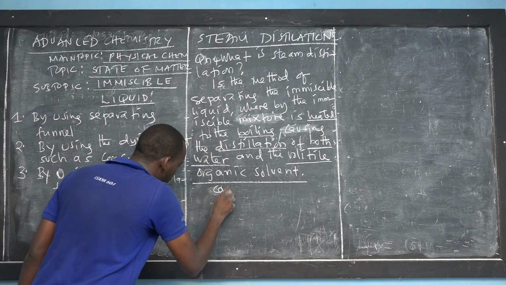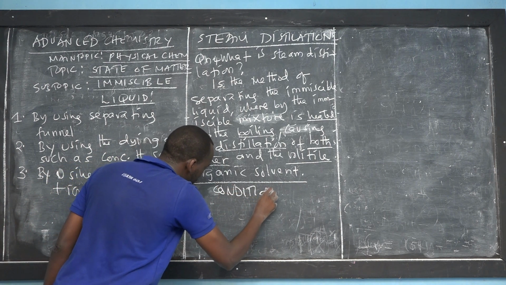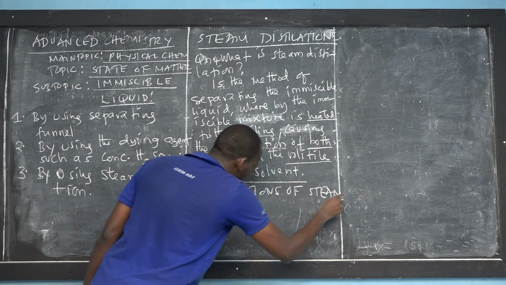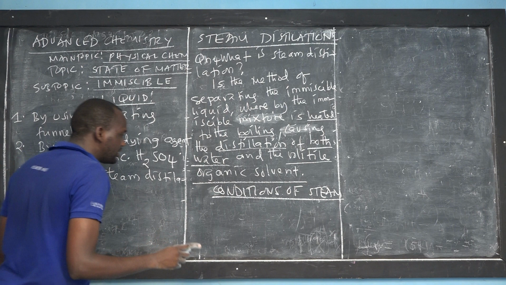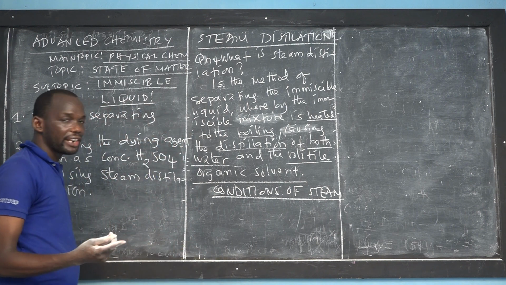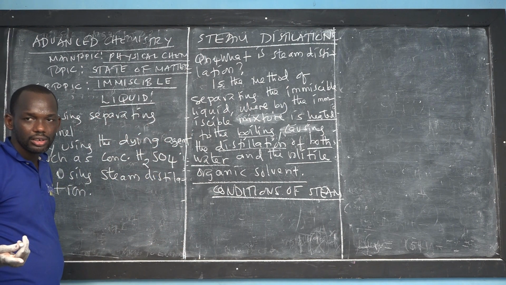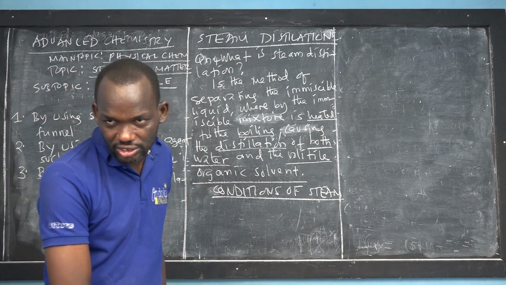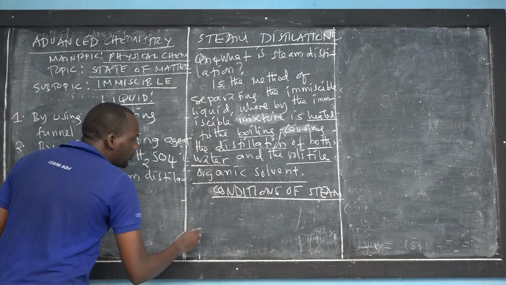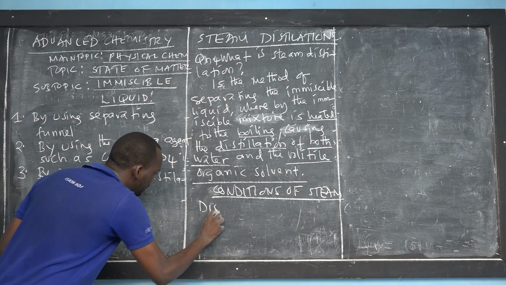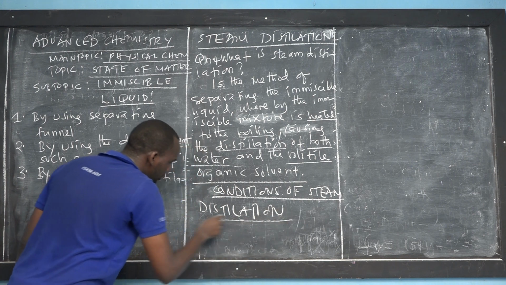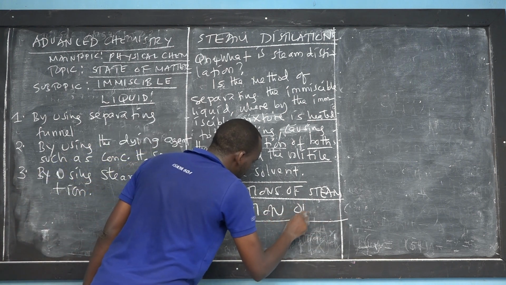Conditions of steam distillation. Let me repeat. Steam distillation cannot be used to separate any immiscible liquid. It can separate all the immiscible liquids which obey the following conditions. So, conditions of steam distillation of immiscible liquids.